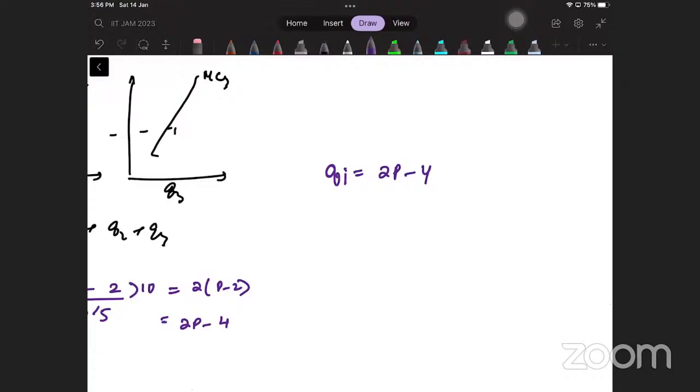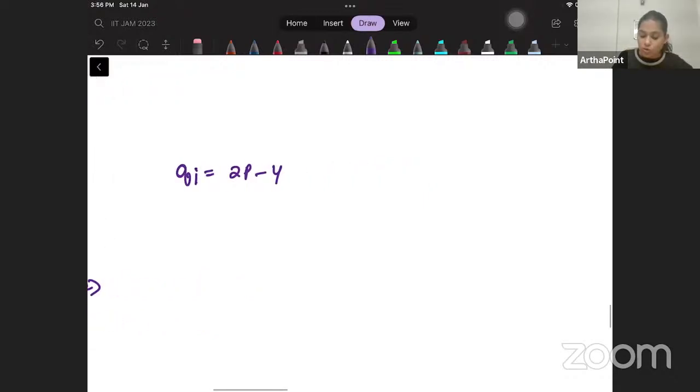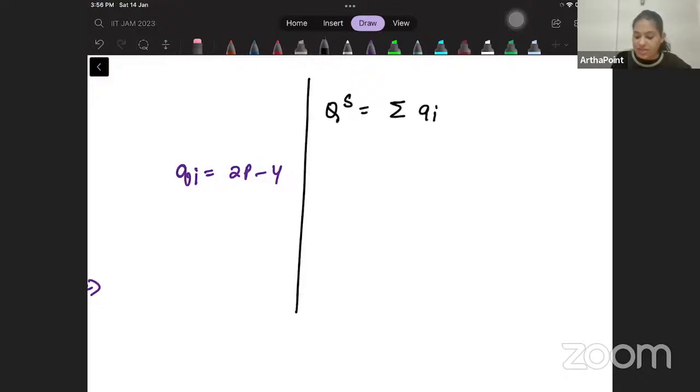This is the quantity supplied by any one firm. Meaning Q1 is this, Q2 is this, Q3 is this, and so on. How many firms are there? 150 firms. So quantity supplied in the market will be the summation of Qi, i from 1 to 150.